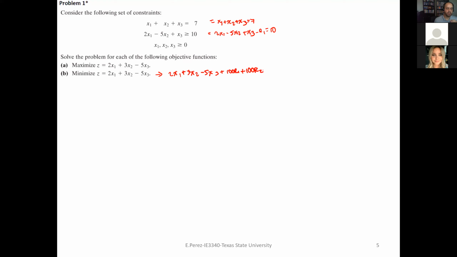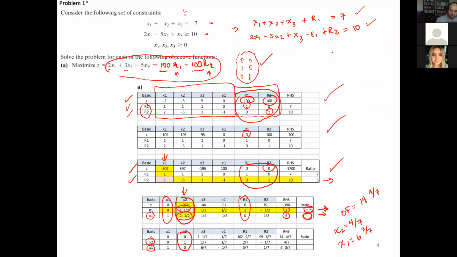So just think about it. If you're minimizing and you want to penalize these artificial variables, the way to penalize them is by increasing the objective function. Since the objective is to minimize the value, you want to increase the value of the artificial variable. That's why we add the 100 instead of subtracting it. When you are maximizing, it is the opposite.